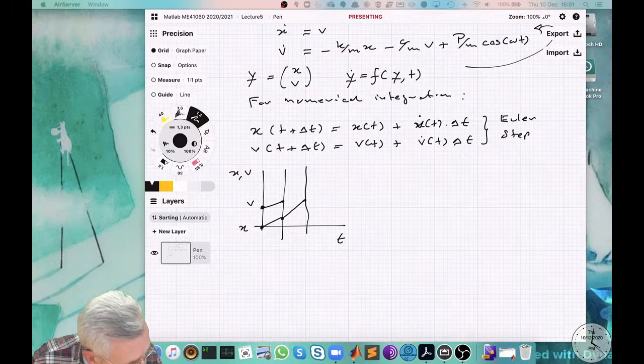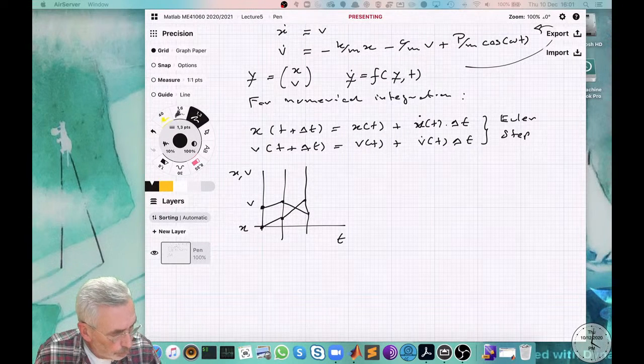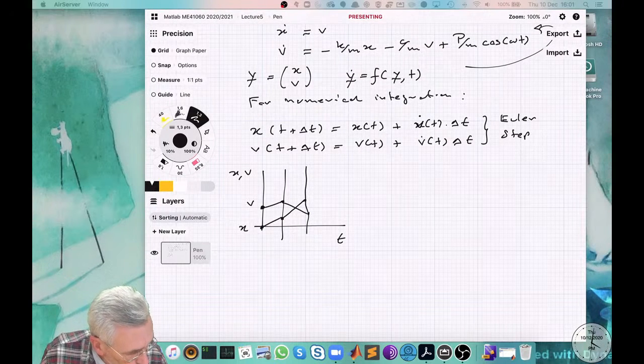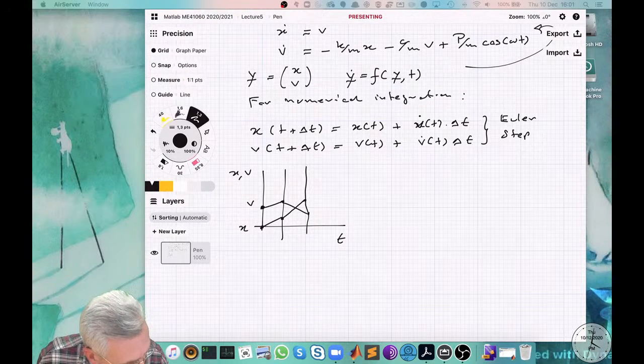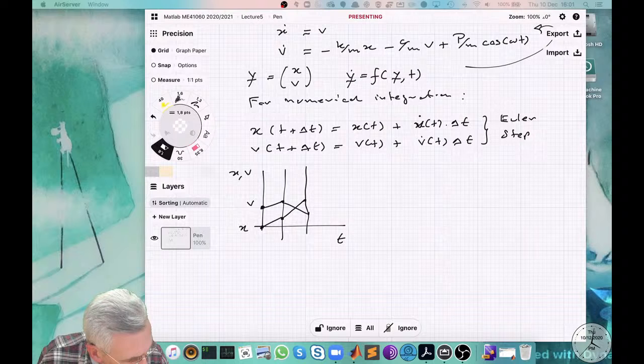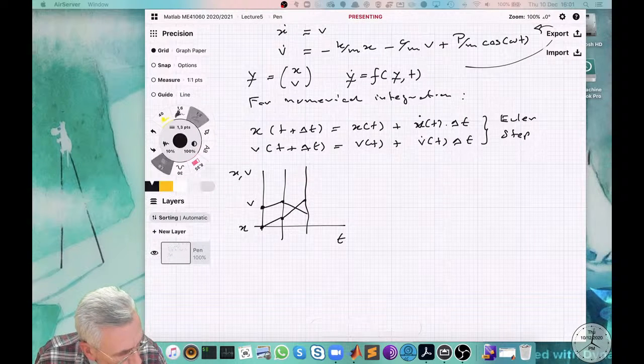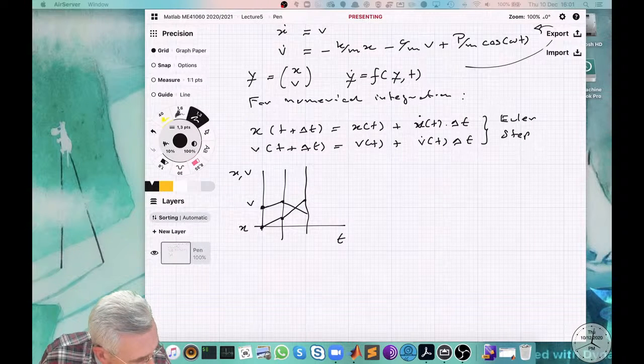And then let's assume that from that moment on, the velocity drops down suddenly, something like this. Oh, I should have used different colors. Well, anyway, so this is the velocity, right?